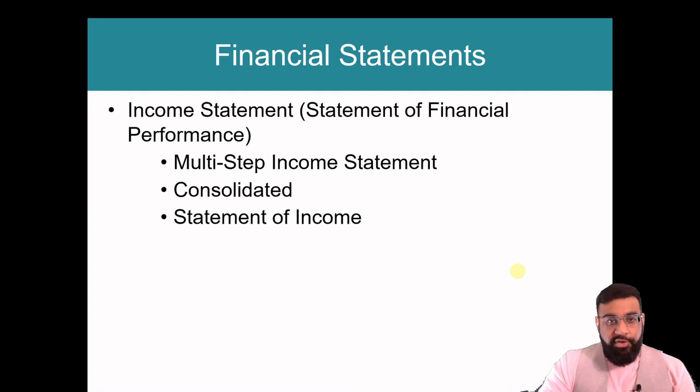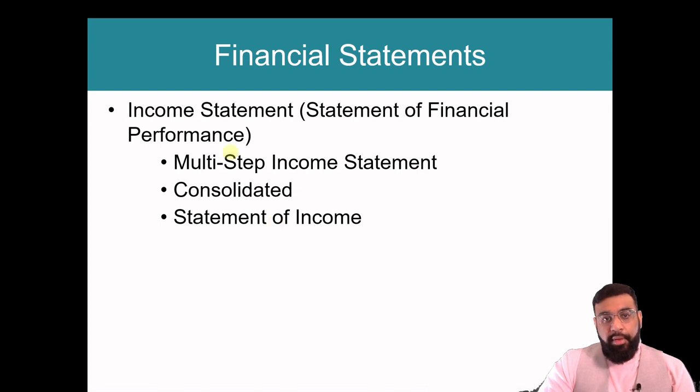So the first financial statement is that of the income statement, which in other words is a statement of financial performance. So we can have multiple types of income statements. We can have the single step income statement, we can have the multi-step income statement, we can have the consolidated income statement, or we get a statement of income.